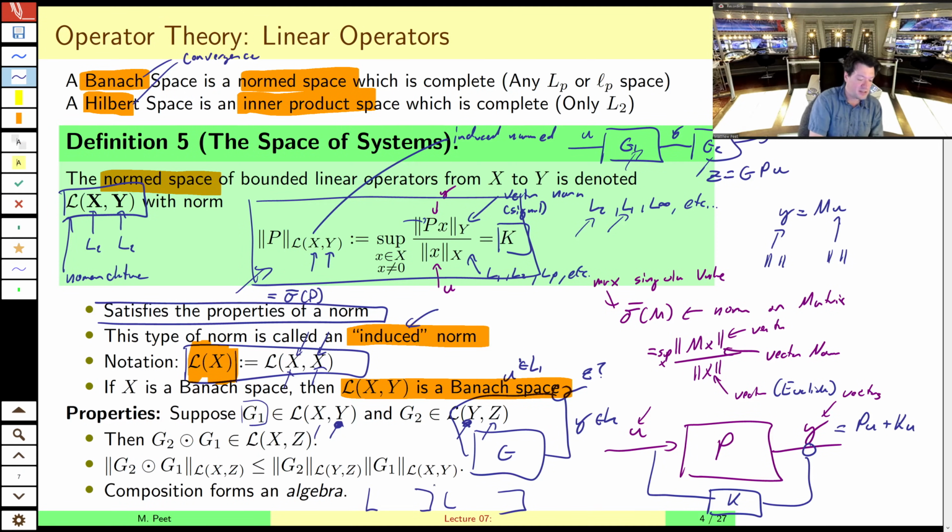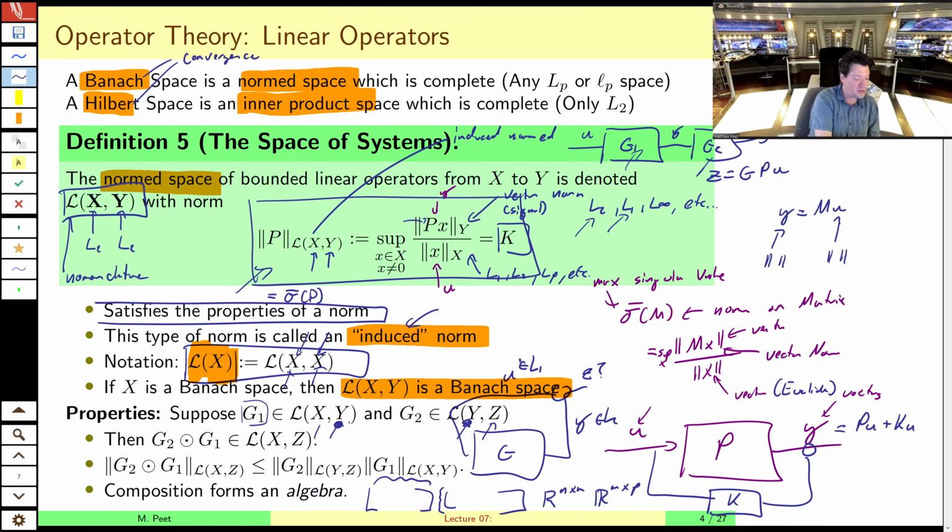This size has to match this size. We need R n by m and R m by p, for example. So the dimensions of the matrices have to match, and likewise the input and output spaces of the system have to match. And so that becomes important.